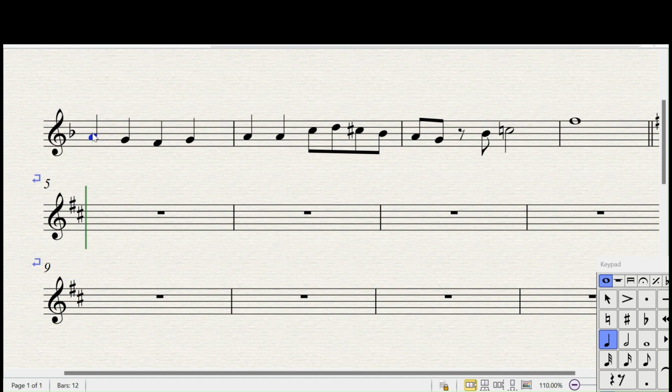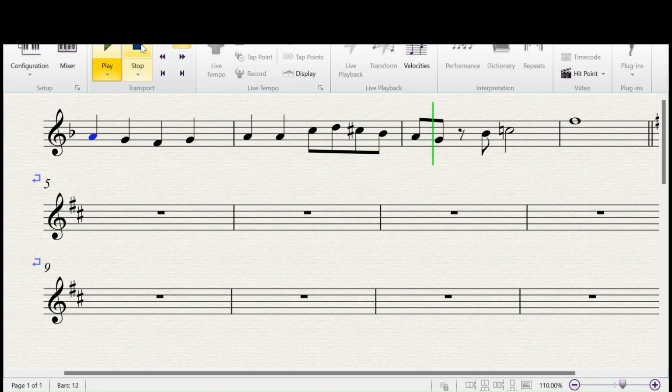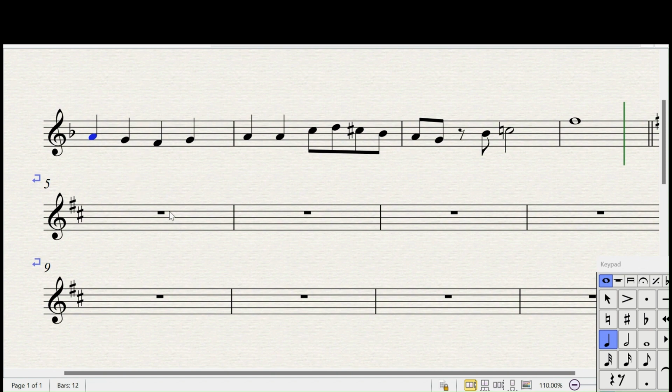This song might be a little too high for the alto to sing. It was written for soprano. All right, so we're going to change it to D major.